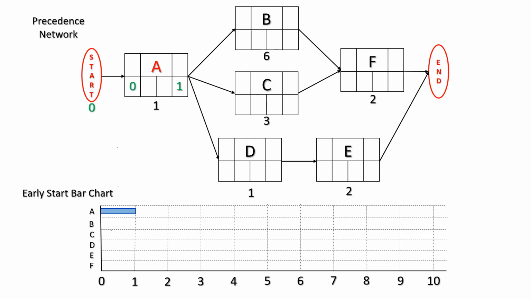Now looking at the early finish of activity A, we notice that there are 3 arrows going out of activity A. These go to activity B, C, and D. So the early start of activity B, C, and D is dependent on the early completion of A. So the logic tells us the earliest B can start, the earliest C can start, and the earliest D can start is as soon as activity A is complete.